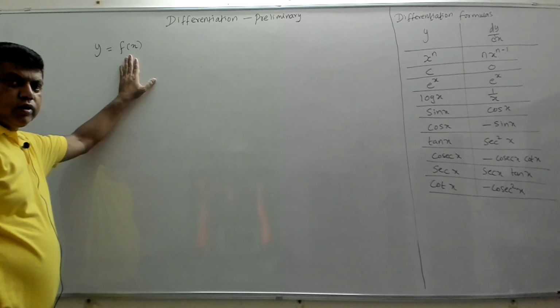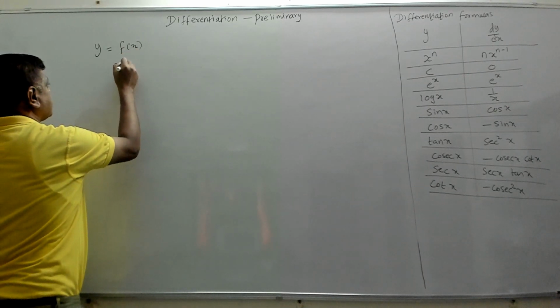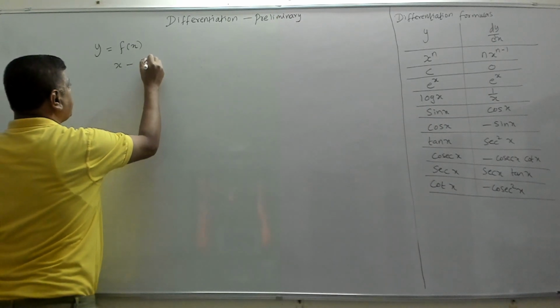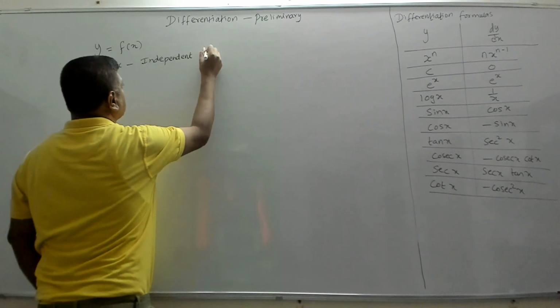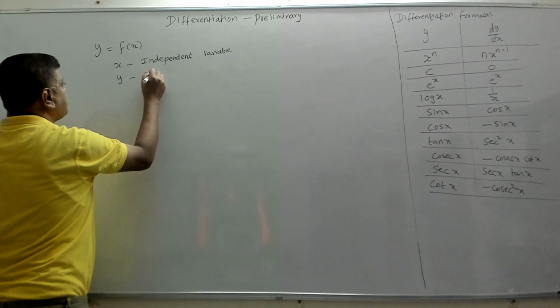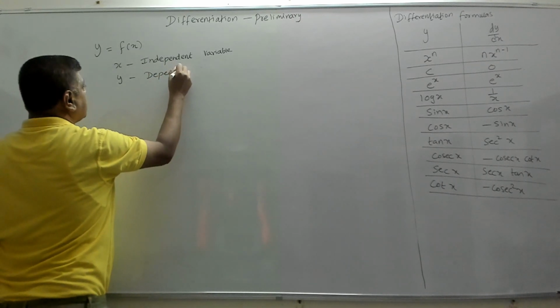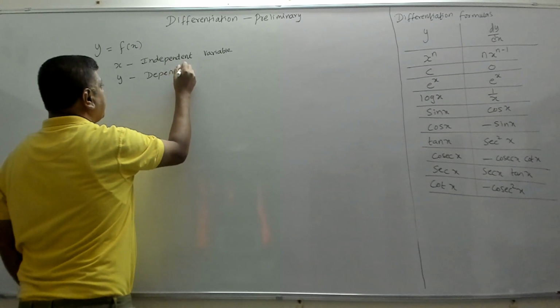Y is a function of x, and this variable x is called the independent variable, and the variable y is called the dependent variable.